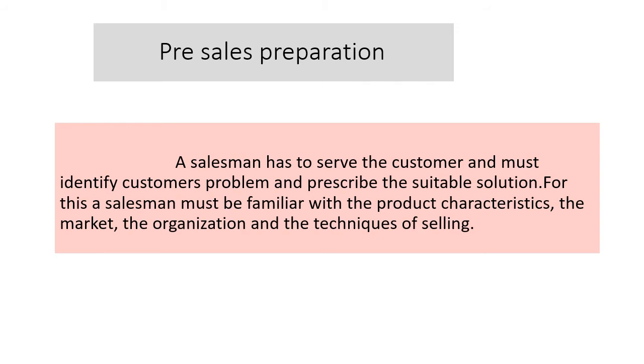Also, he must know the customer himself and the company. He must know buying motives and buying behavior of the customers or prospects. He should be aware of current competition and market environment.